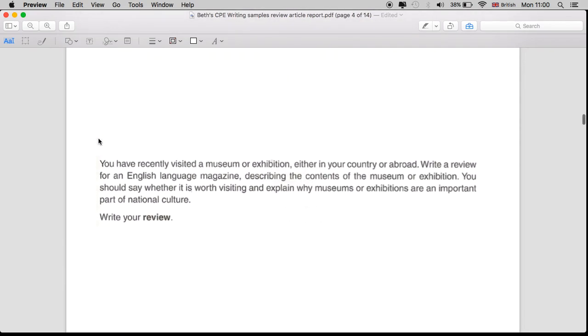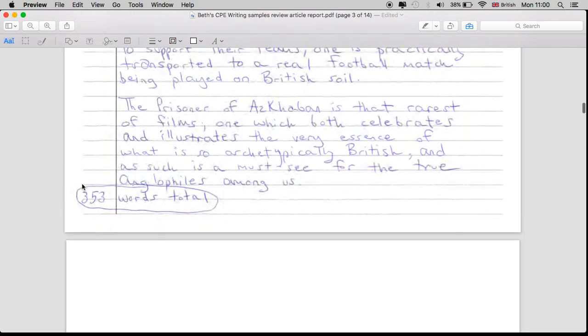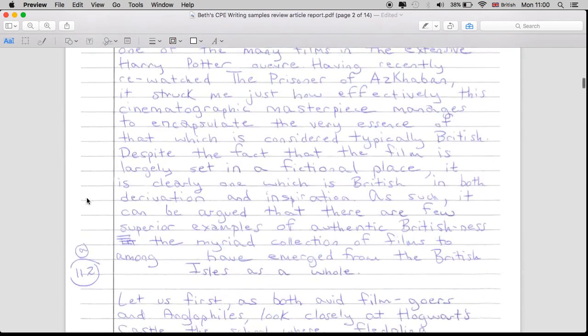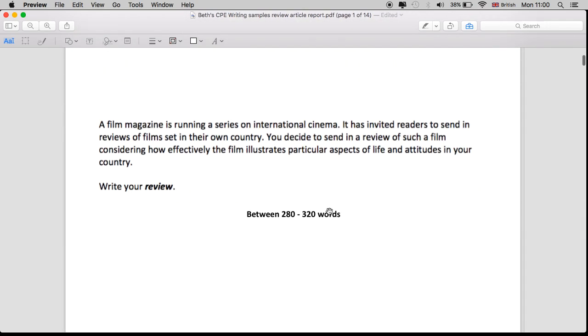One last point, because I imagine you may be wondering, what happens if you go over the word count? Here I wrote 353 words, and the word count calls for 320 maximum. Do you automatically fail? No. Generally, you might lose points if you have gone off topic, but you won't fail.